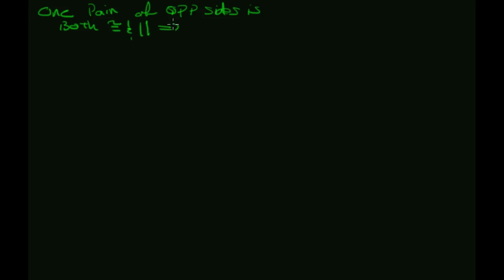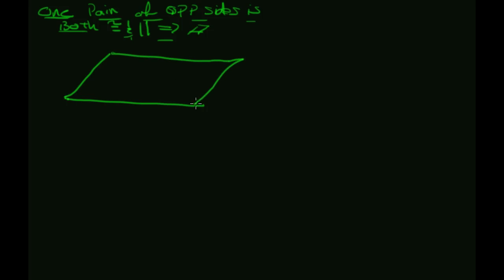If I have that, then I have a parallelogram. So I have a quadrilateral where one pair of opposite sides is both congruent and parallel, then I have a parallelogram. So let's look at how this might get proven.